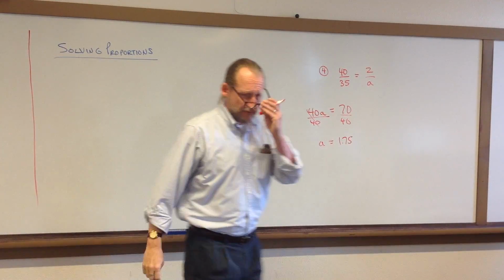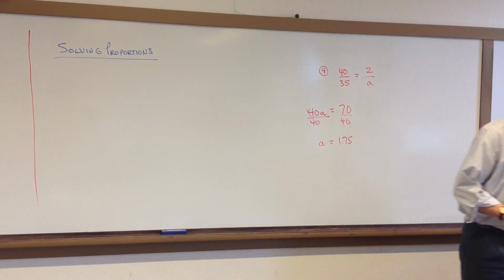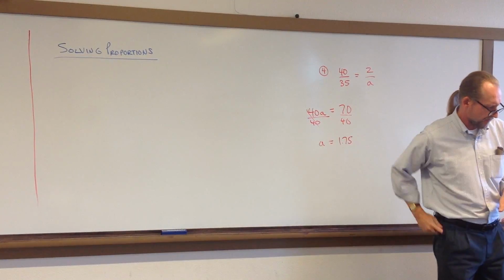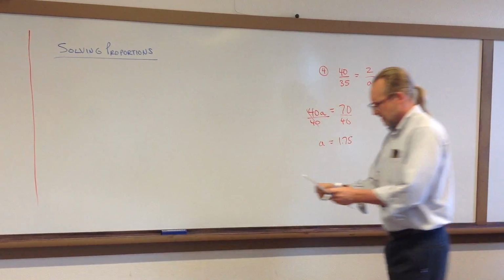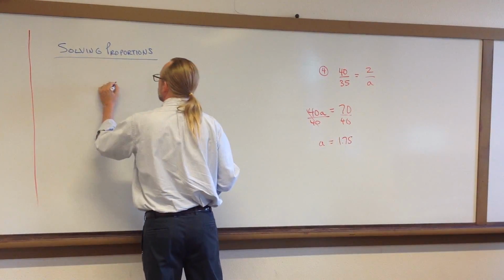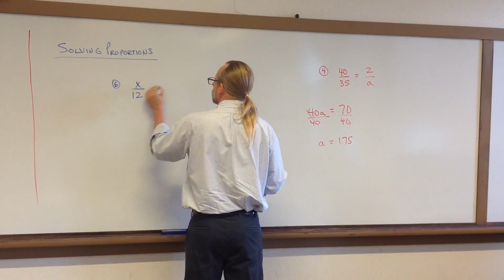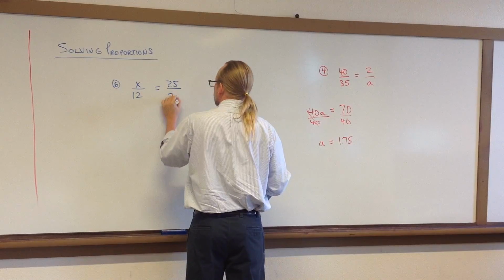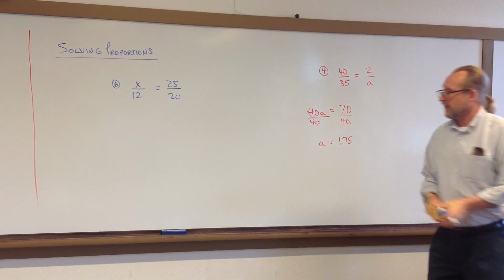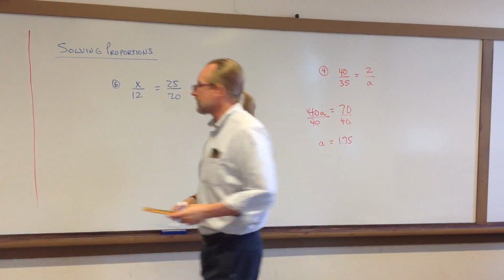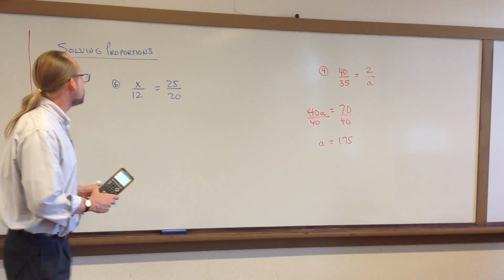All right, so there's the first 2 problems. Let's see what else we've got here. Problem 6, x over 12 equals 25 over 20. Okay, so maybe this time I'll do the quick solution first, where you just multiply these 2 and divide by 20.